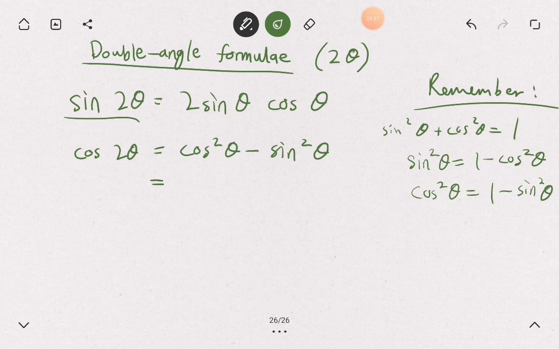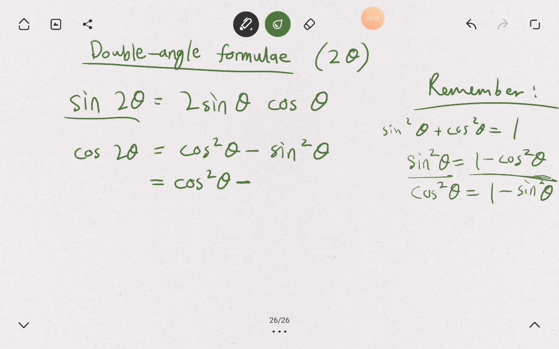And if you substitute these things inside this cos squared minus sine squared, you can get two more equations. Say you substitute for sine squared. This is equal to cos squared minus, and what is sine squared?